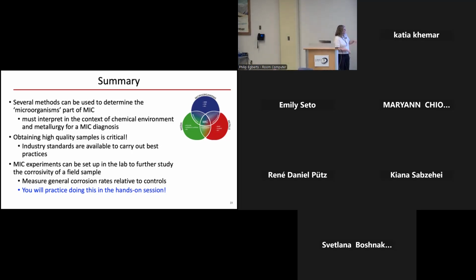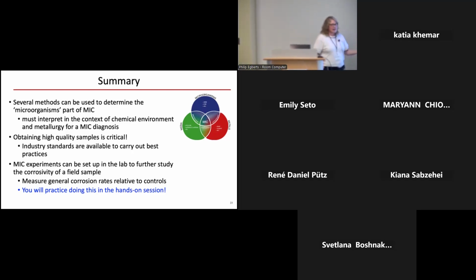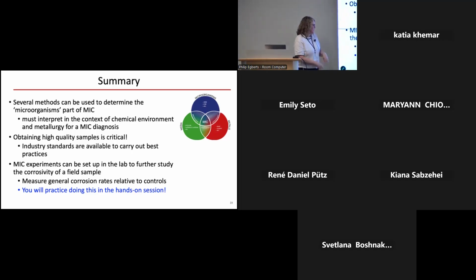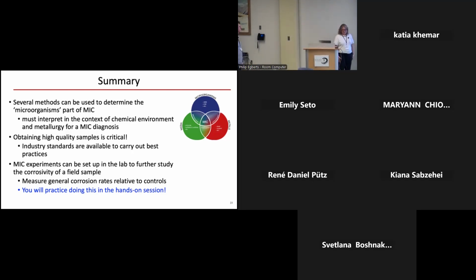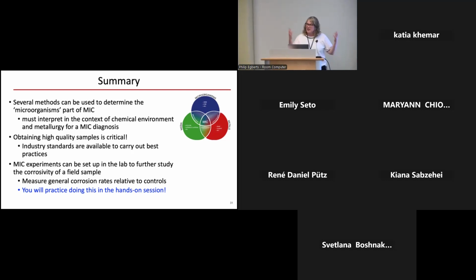Then MIC experiments can be further set up in the lab to determine the corrosivity of that field sample. For us, we're looking for microbial corrosivity. So you can measure general corrosion rates, and super exciting, you get to try this today if you haven't done that work before. That's all I have to share on the SOPs.